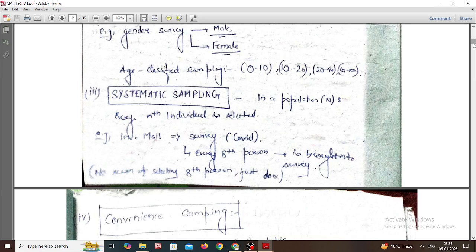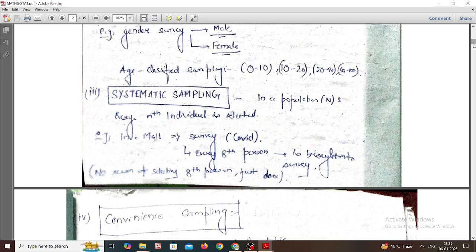If we say that in case of simple random sampling, what will happen? See this example carefully. We have 10 people in a class. In case of simple random sampling, we are going to pick a random 2 students out of the 10 students that we have in the class.